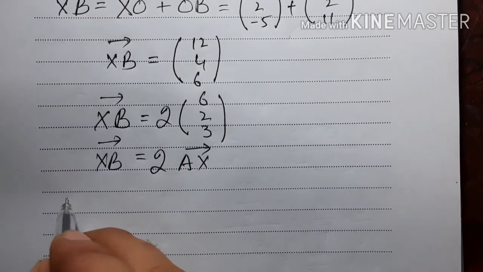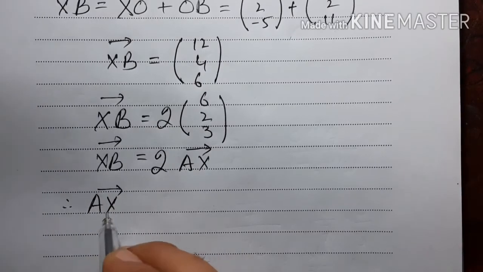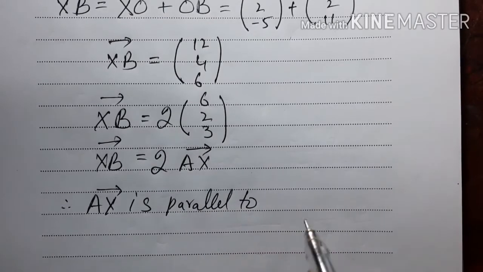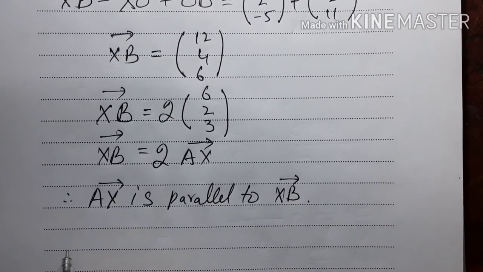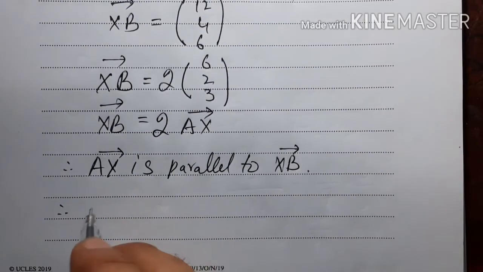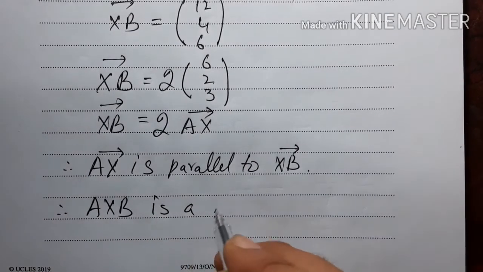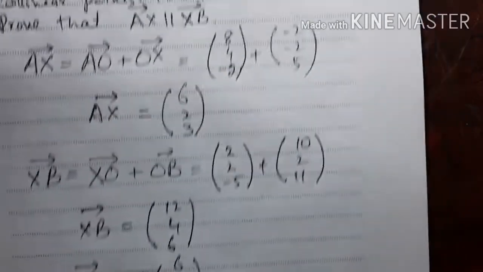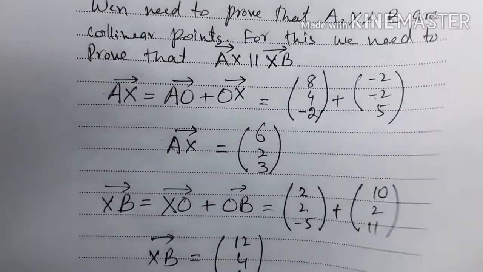Therefore, AX is parallel to XB, which proves that AXB is a straight line. It is proved. We needed to prove that AXB is a straight line. This was part 1.